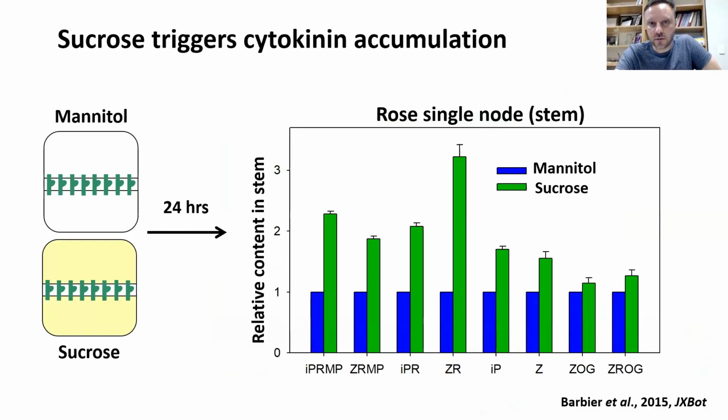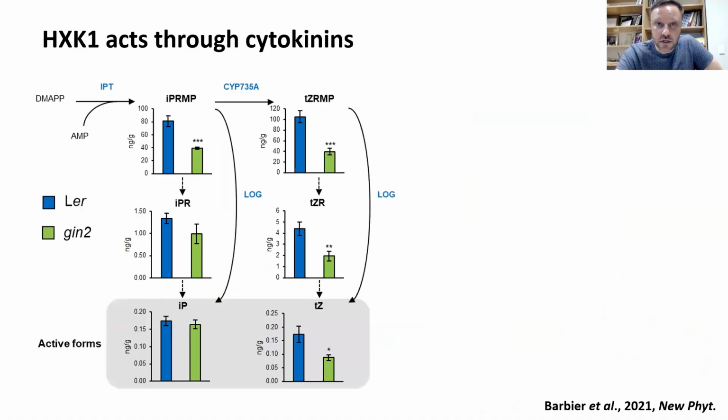And so I decided to measure cytokinin in a gin2 mutant. And we could also observe that the gin2 mutant has less cytokinin, notably the zeatin form, which accumulates less in this mutant compared to the wild type.